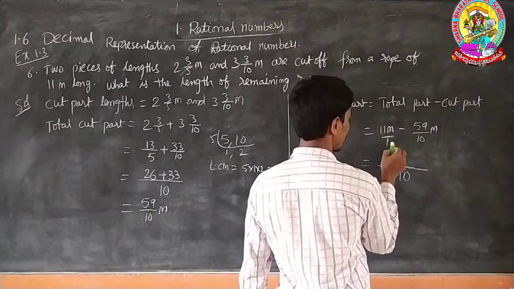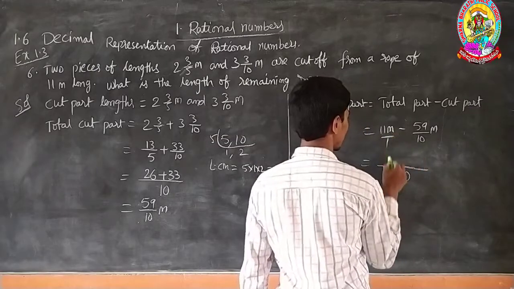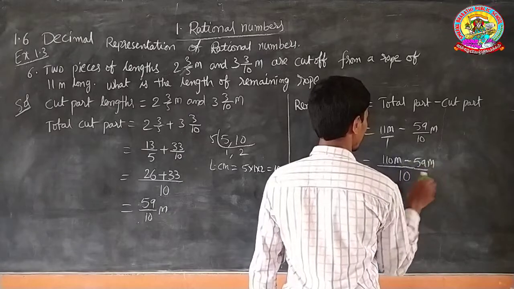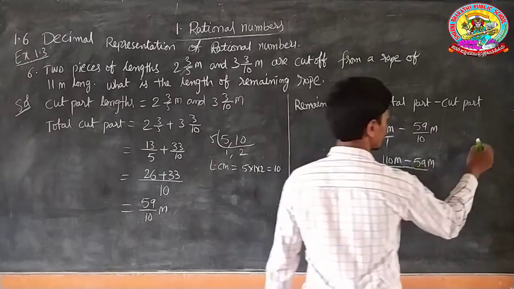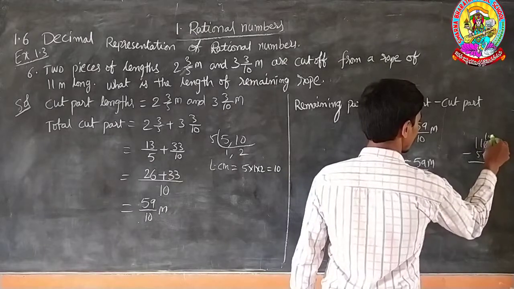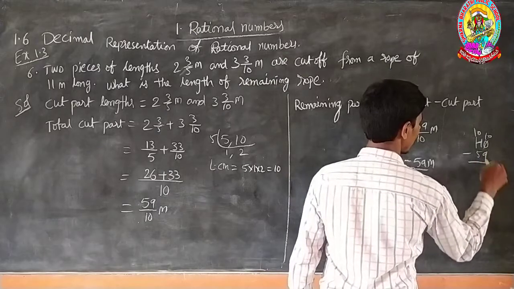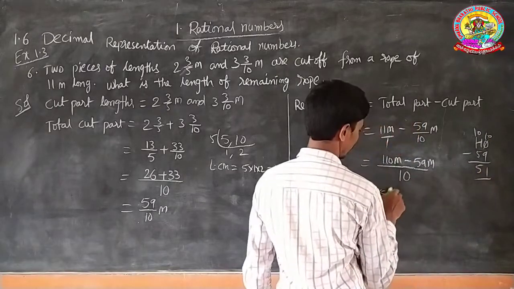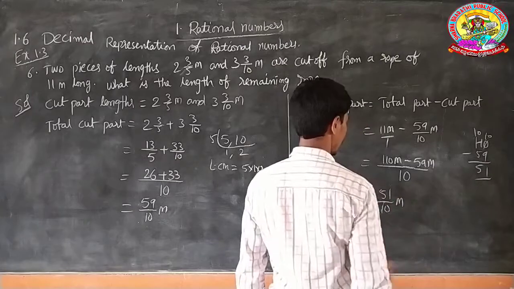In 1 table you get 10 by 10 times, 10 11s are 110 minus 59 meters. 110 minus 59 gives 51. 10 minus 9 is 1, 10 minus 5 is 5. 51 by 10 meters.